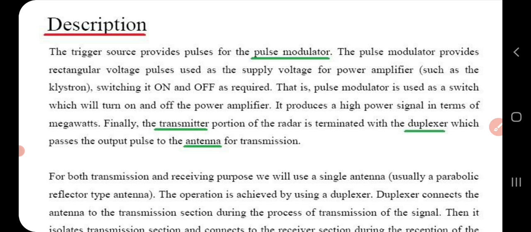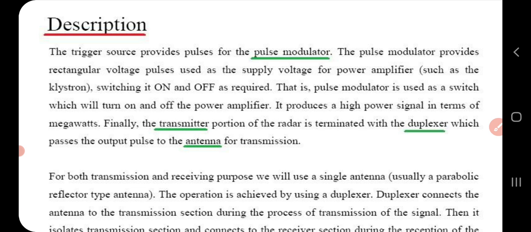The pulse modulator provides rectangular voltage pulses used as supply voltage for the power amplifier, switching it on and off as required. This means the pulse modulator is just used as a switch which will turn the power amplifier on and off. Okay, then it produces a high power signal in terms of megawatts.